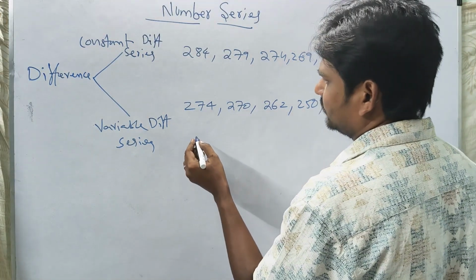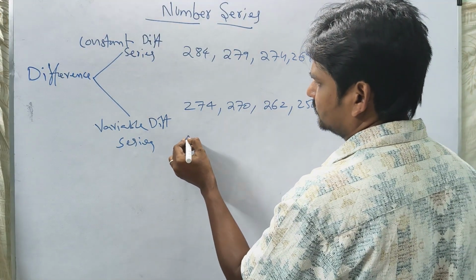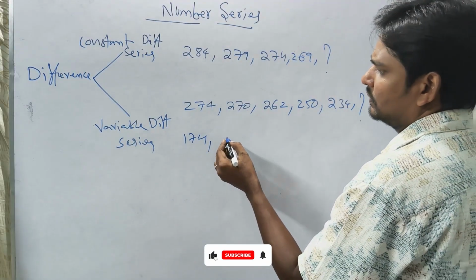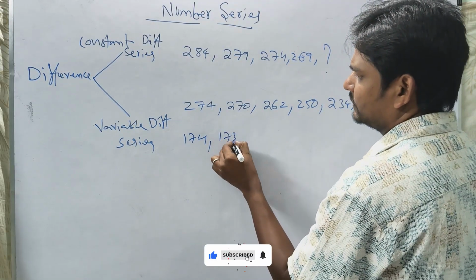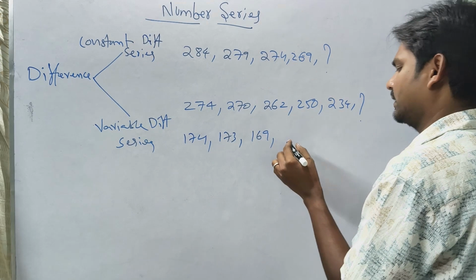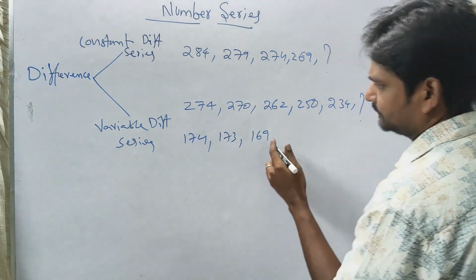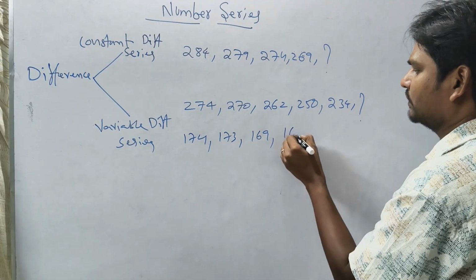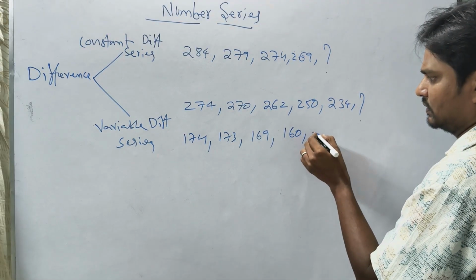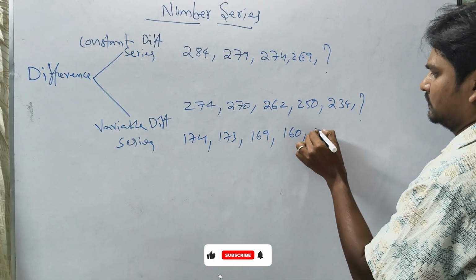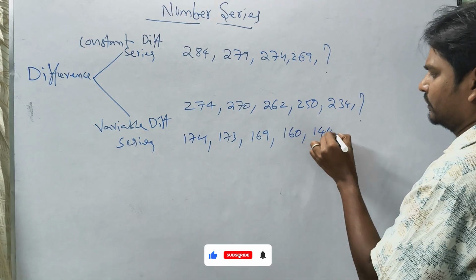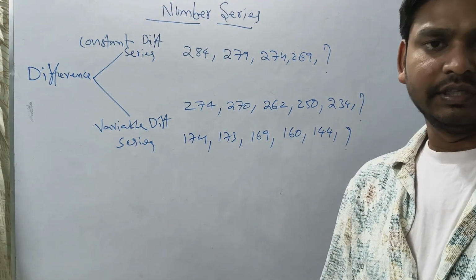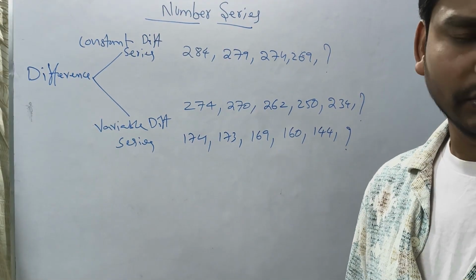One question. And another question, 174, 173, 169, 160, 144, what next? So see here, for these two questions, how to solve.